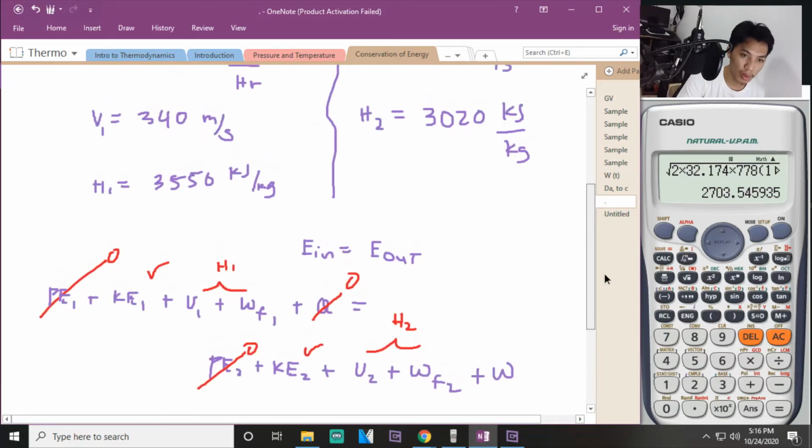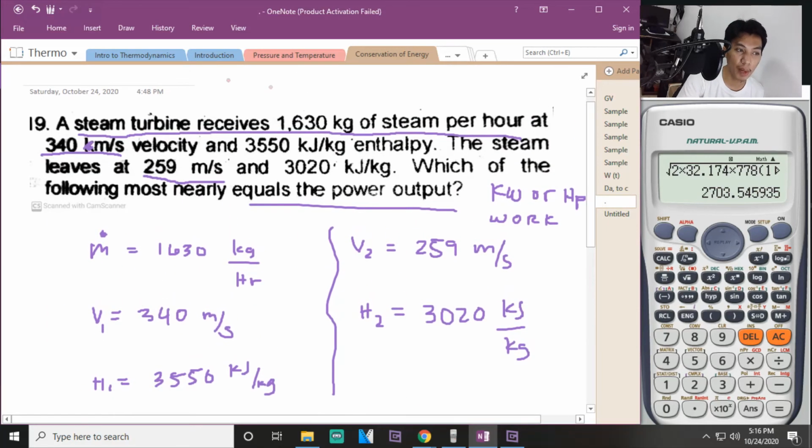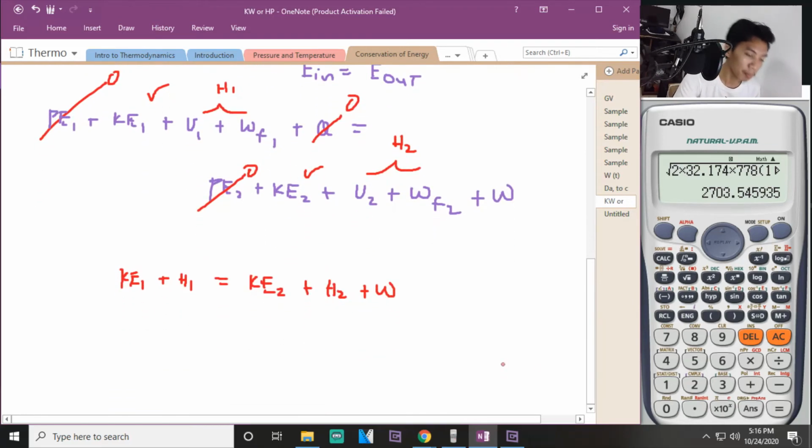Yan. So, since turbine ito, hindi siya power consumer, so ang power mo dyan will be positive. Nag-produce siya ng power taken off to the system. So, work ang hinahanap natin.